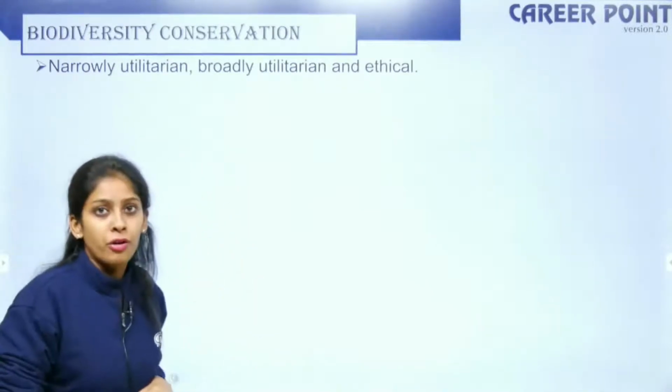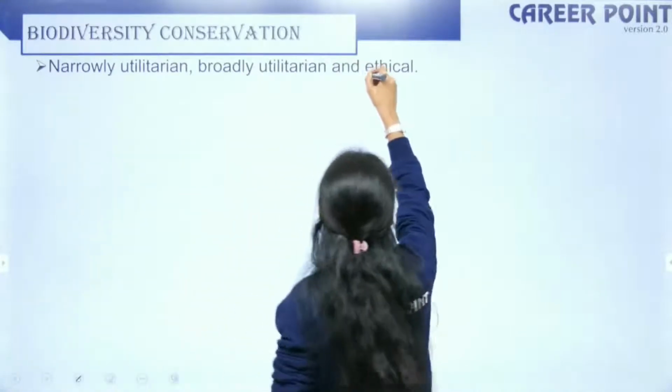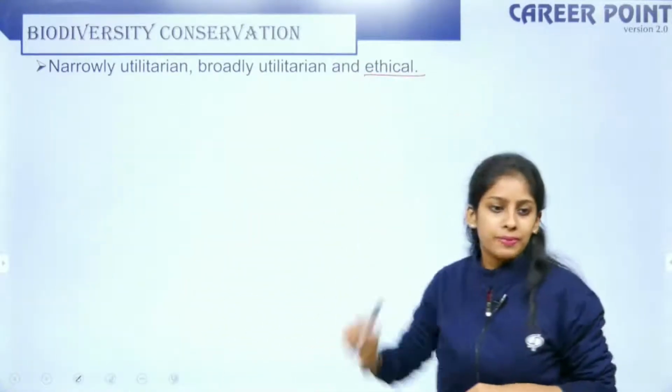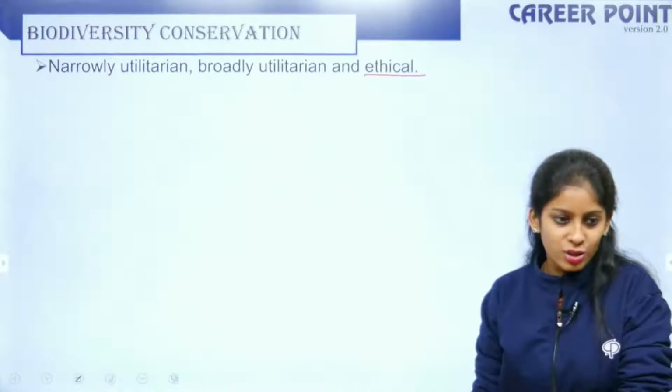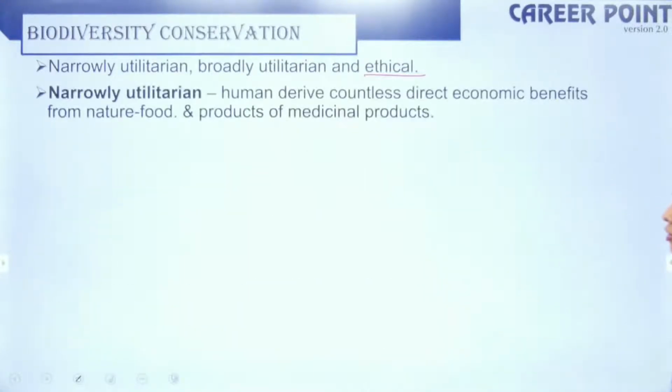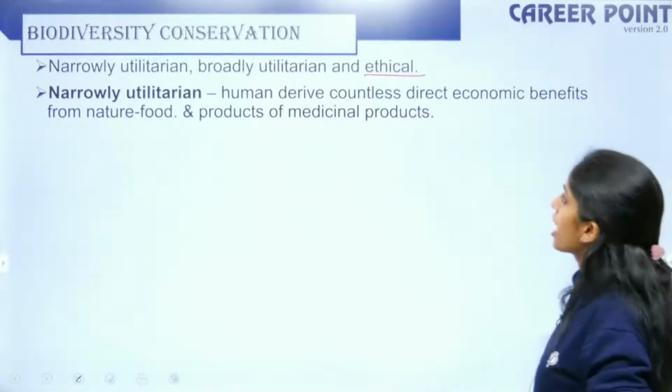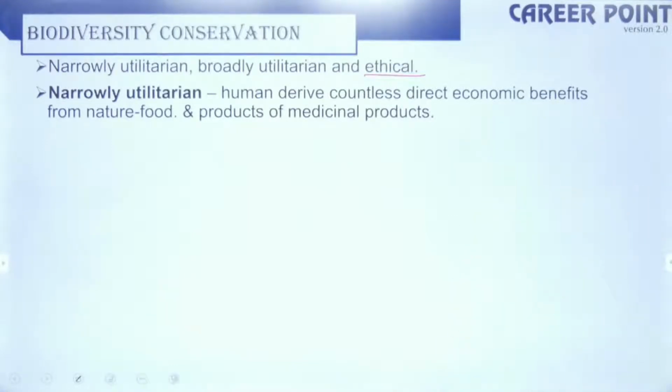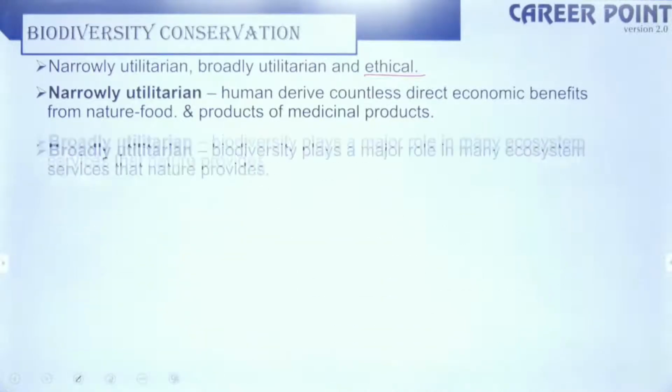Then ethical, right? So what is this ethical? How many plants you chop, and then you do tissue culture technique. So what is the point? That is wrong. So it is also ethical. Narrowly utilitarian: humans derive countless direct economic benefits from nature, that is food and products of medicinal value.